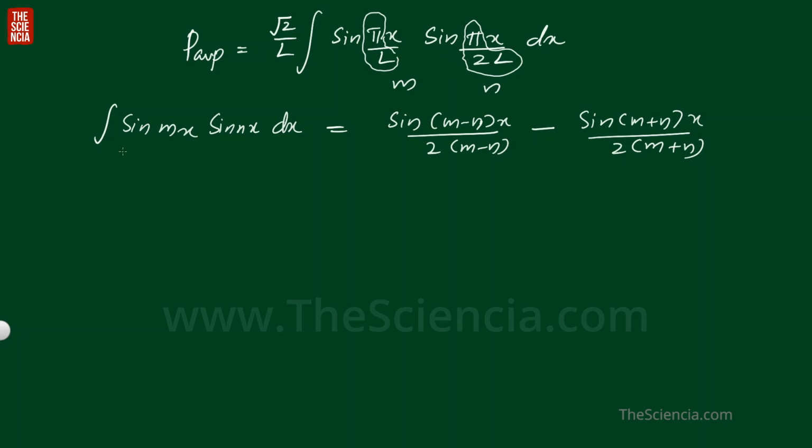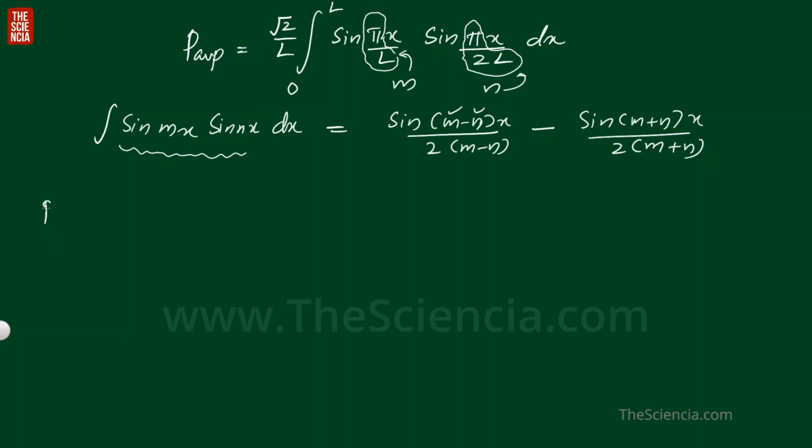This is the value of the integral of the product of sin mx and sin nx. I think you remember this equation, right? So now we can substitute these values of m and n, and we have to substitute the limits. Here the common limit is 0 to L.